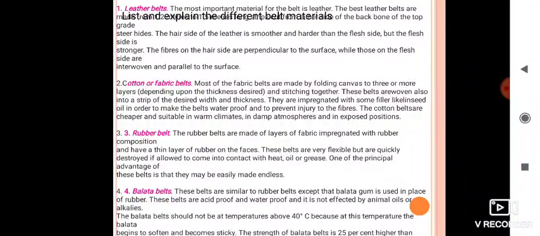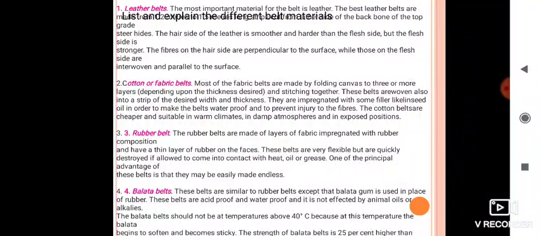Then third, rubber belt. The rubber belts are made of layers of fabric impregnated with rubber composition, which means other materials besides rubber are used.